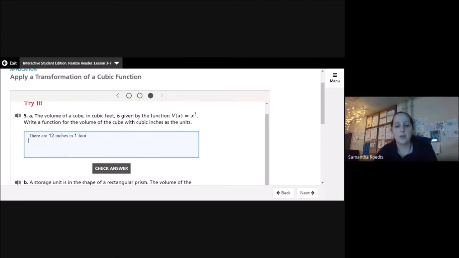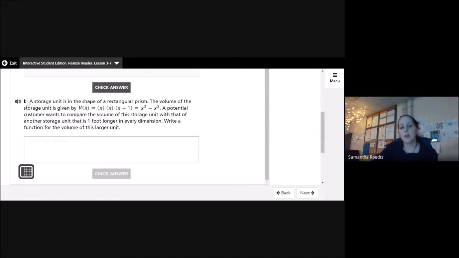So I'm going to substitute 12x in for x. So this gives me 12x cubed, which equals 1,728x cubed.